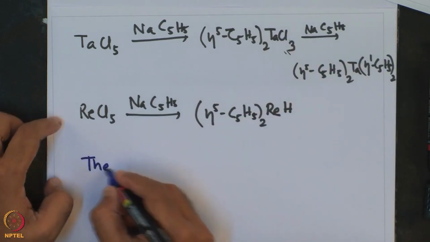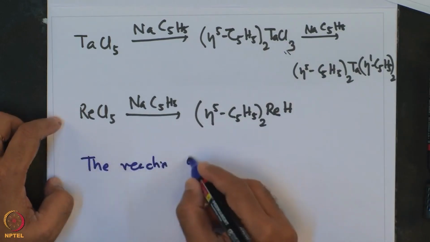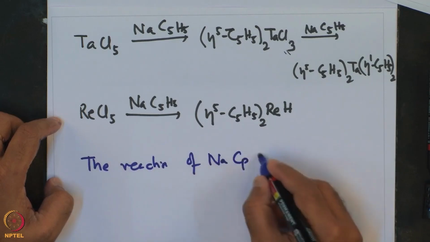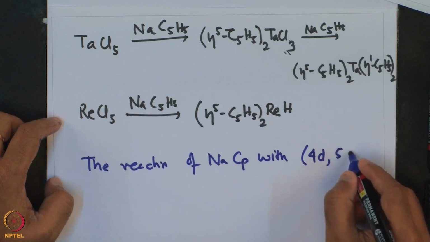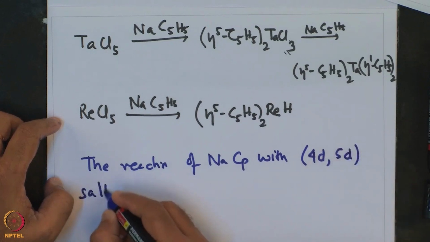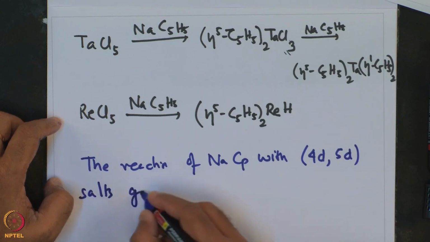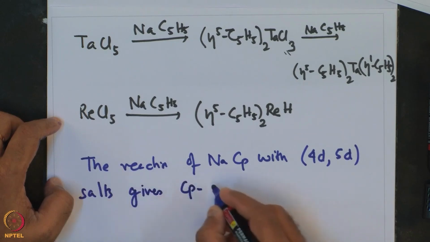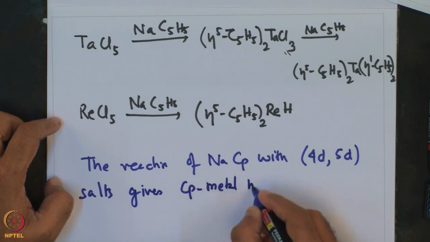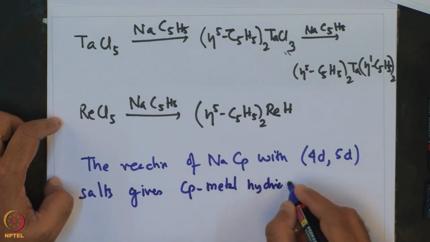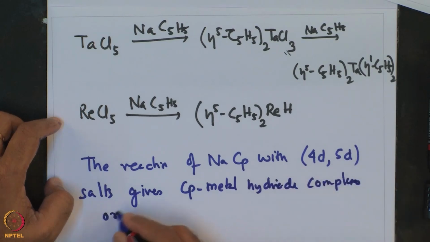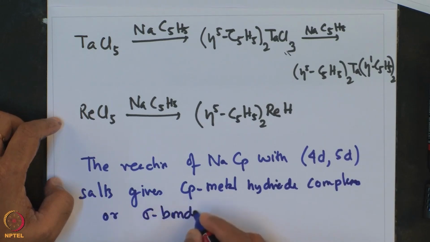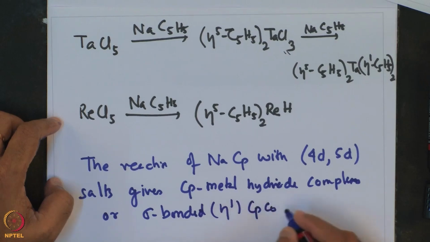The reaction of sodium Cp with 4d and 5d salts gives Cp metal hydride complexes or sigma bonded eta 1 bound Cp complexes.